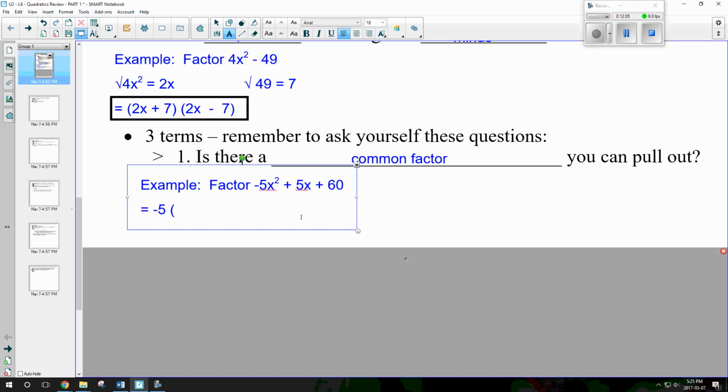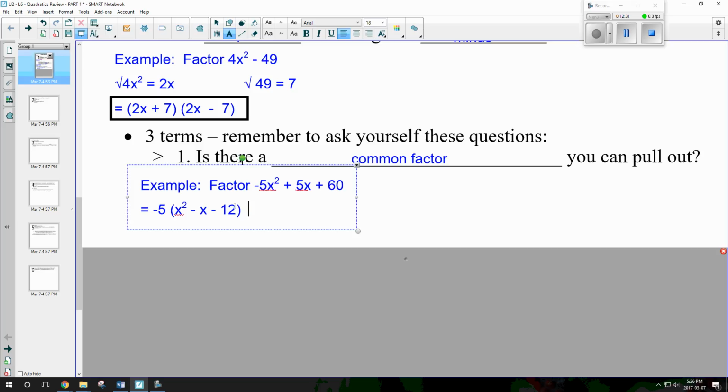And then you can put in the brackets what's left over once you divide them out. So negative 5x squared divided by negative 5 leaves us with just x squared. And then plus 5x divided by negative 5 leaves us with a negative 1x. And 60 divided by negative 5 leaves us with negative 12.